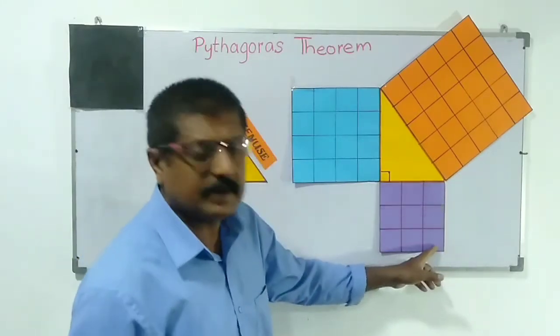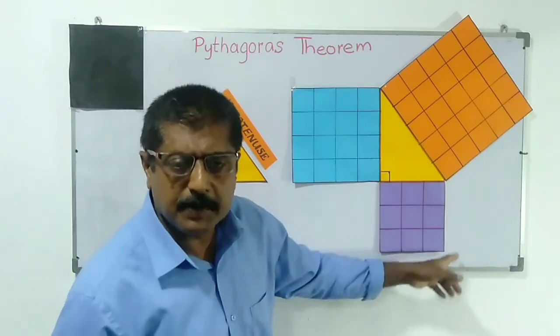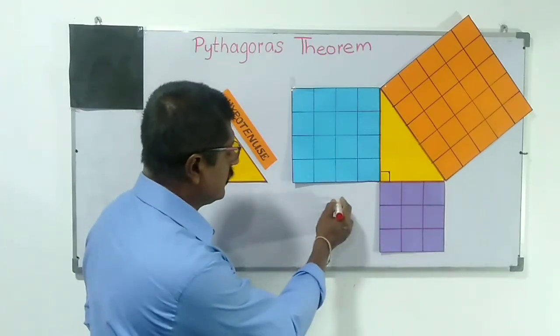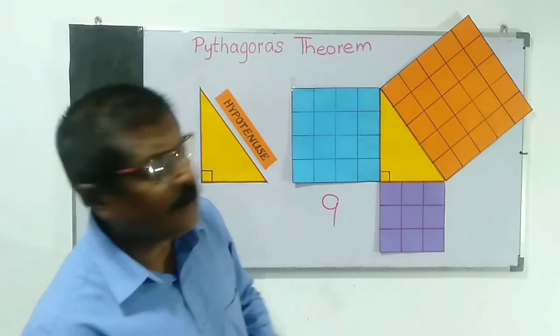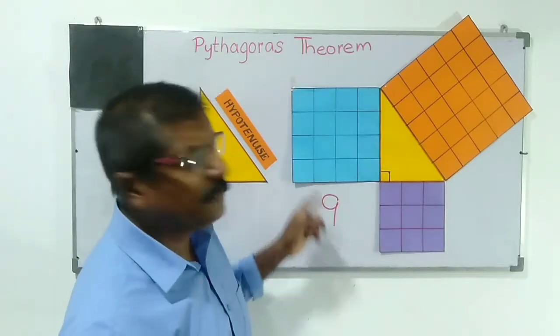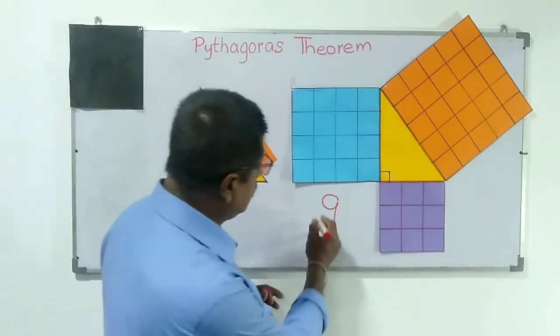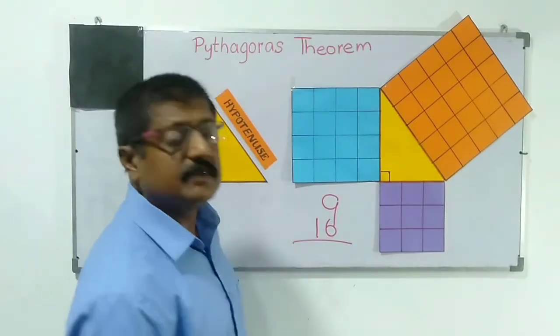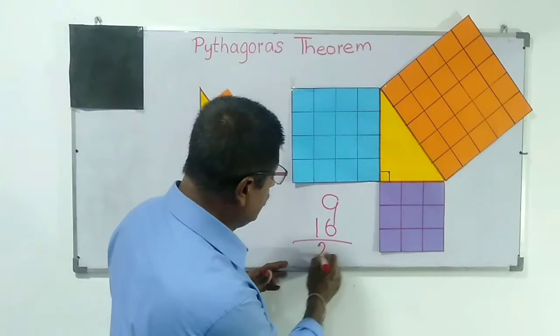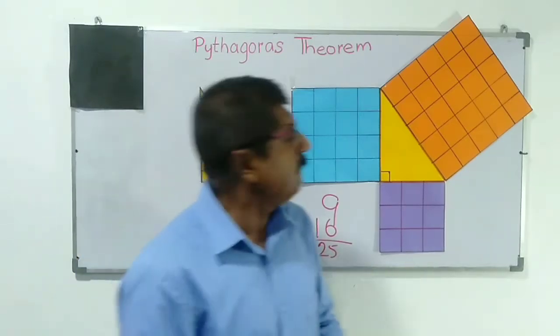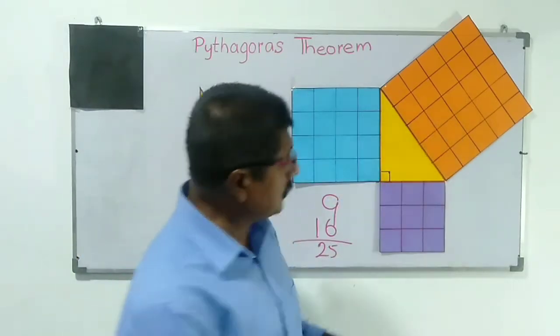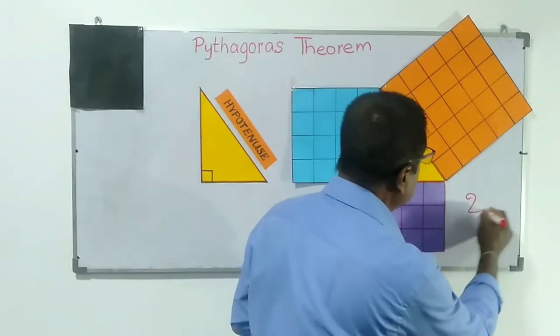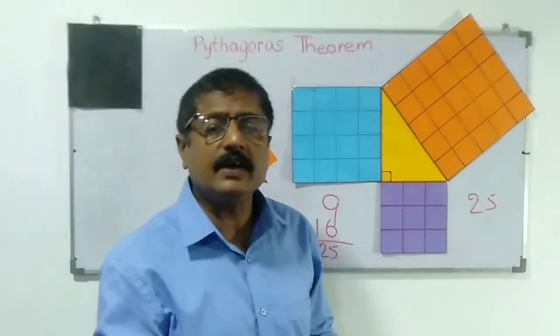Alright. Now what is the area of this square? 3 into 3. Length multiplied by breadth. That is 9. What is the area of this one? 4 into 4. That is 16. What is the sum? 16 and 9. That is 25. What is the area of this one? That also is 5 into 5. That is 25. And there you are.